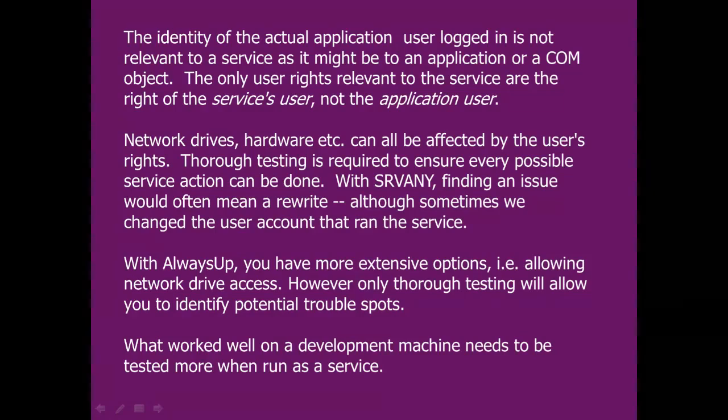So if I log in user Fred, and I start a VFP application, whatever rights Fred has, I now have, which means that if I call a COM object and Fred can go to the C drive but not the D drive, I can't go to the D drive because I'm Fred.